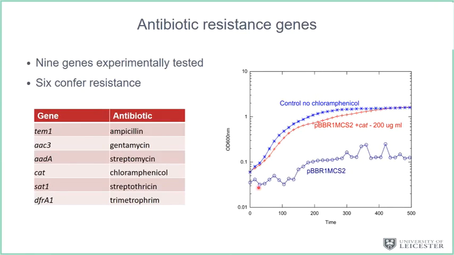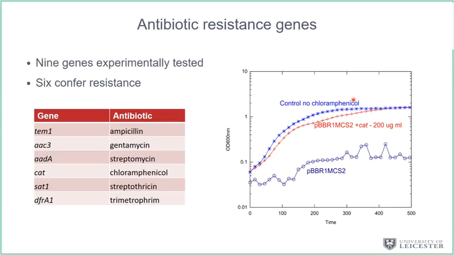So we have a control here. So this is our control plasmid. Down the bottom here, thrown in antibiotics, and you see you don't get any growth. This is a control with no chloramphenicol, and it grows quite happily. And then if you add in the plasmid with the chloramphenicol gene in, you can see that it also grows quite happily, showing that it confers resistance.